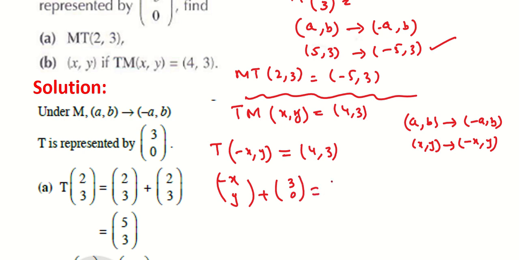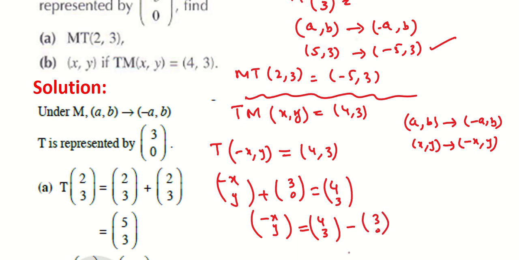We add this, and the answer is (-x + 3, y). We shift (3, 0) to the right side, which is equal to (4, 3) minus (3, 0). So (-x, y) is equal to (1, 3).